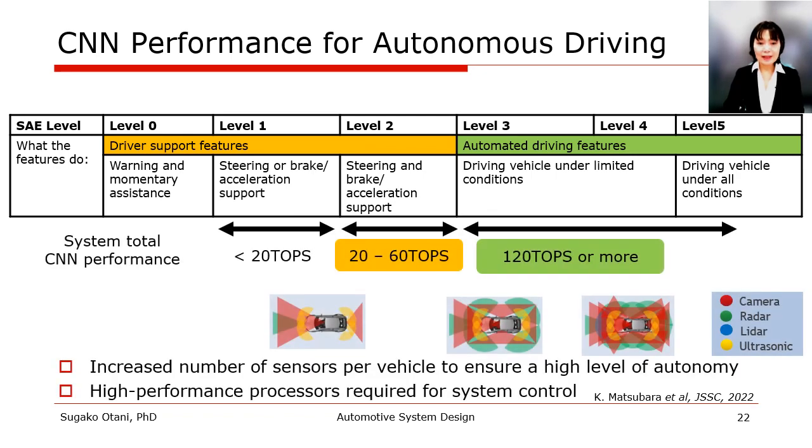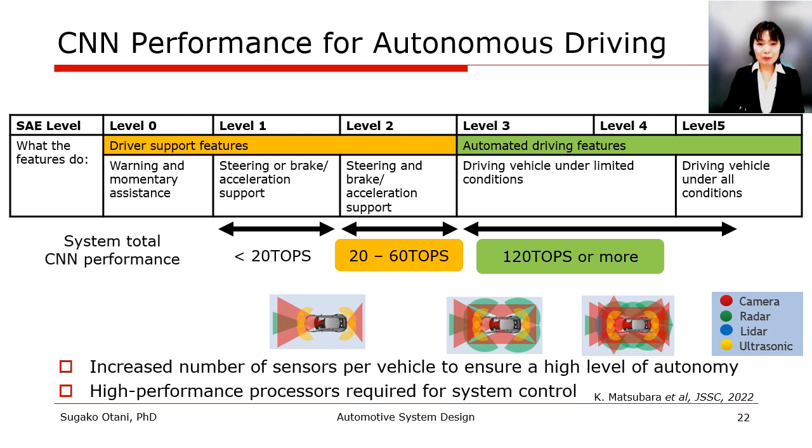This is the CNN, convolutional neural network, processing performance estimation required by the automated driving function. To ensure a high level of autonomy, the number of sensors per vehicle is increasing. Data from each sensor is processed by multiple CNNs for recognition, segmentation, and other applications.